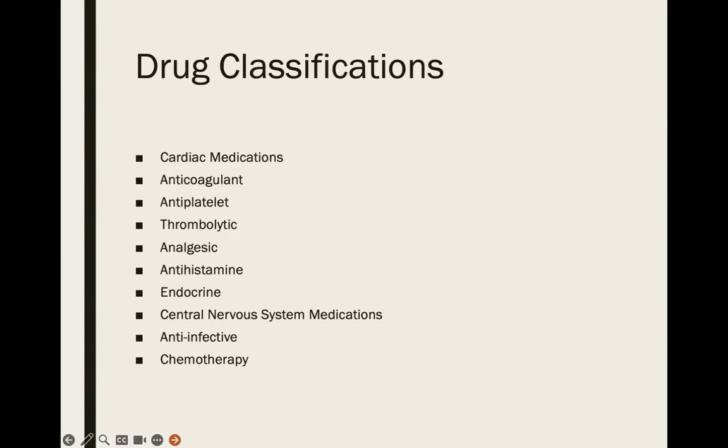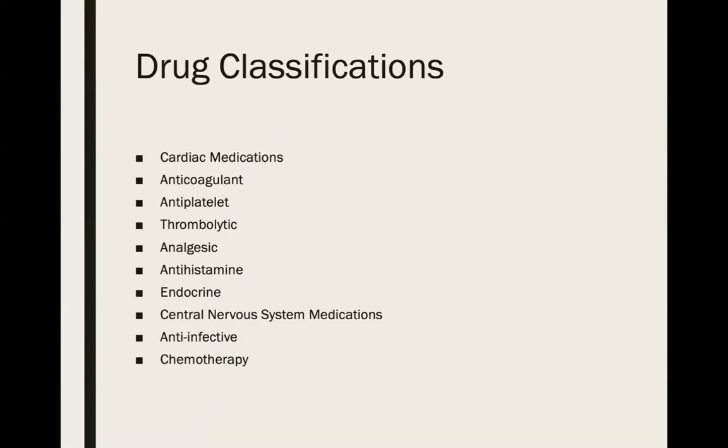Also some different high blood pressure medications, to know what type of medications they're on, because that gives us a snapshot of what our patient is going through. So it's very important to know these classifications. You don't always have to know specific drugs, but there are some common ones we should be familiar with.